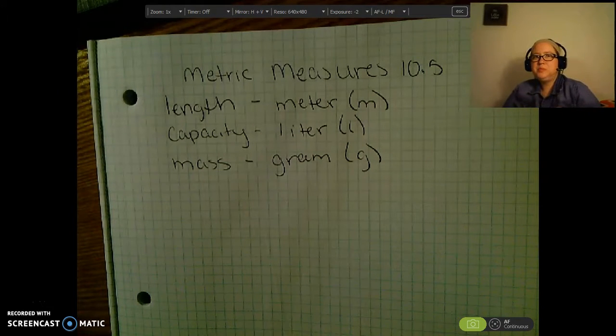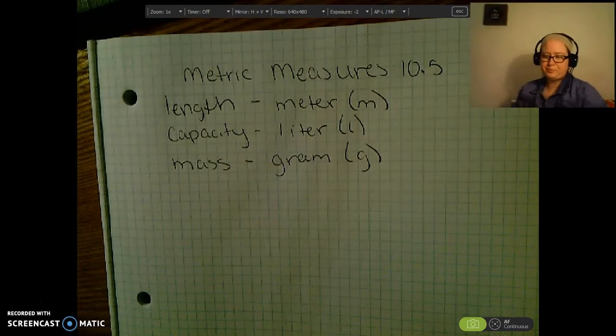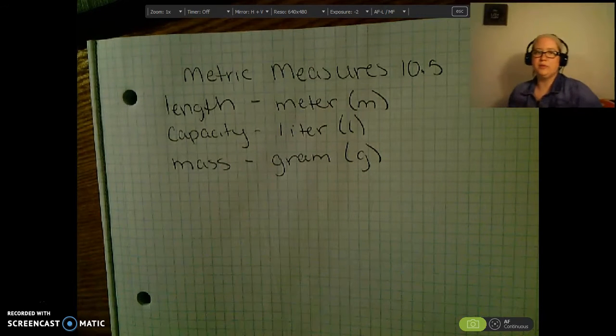And just like our number system, it is based in powers of 10. So it's really simple. Basically, what we're going to be doing this lesson is just moving our decimal point, just like when we multiply by powers of 10. But first we need to know the order.